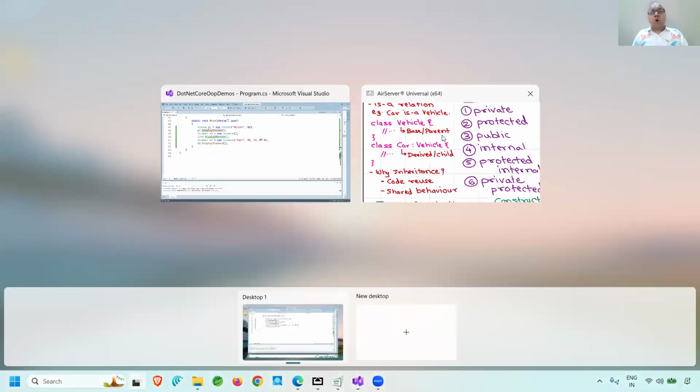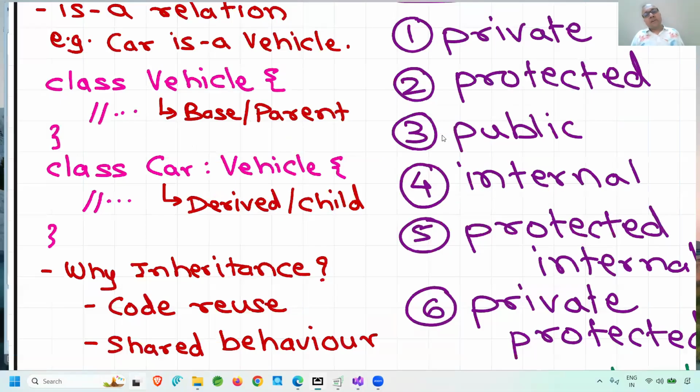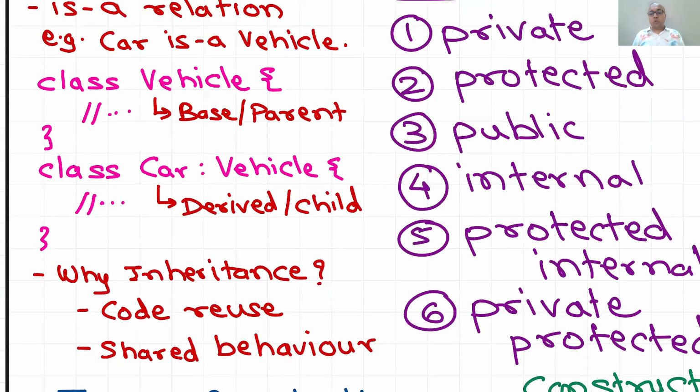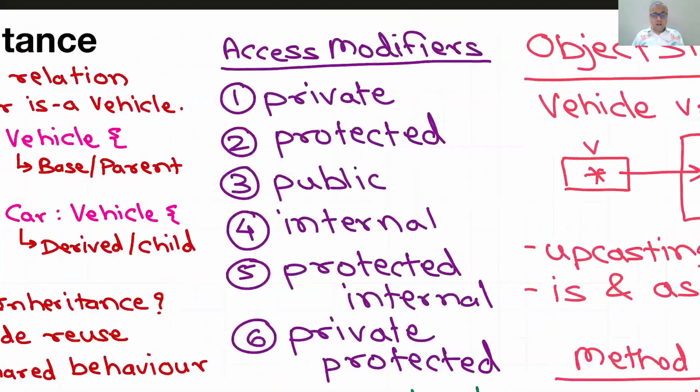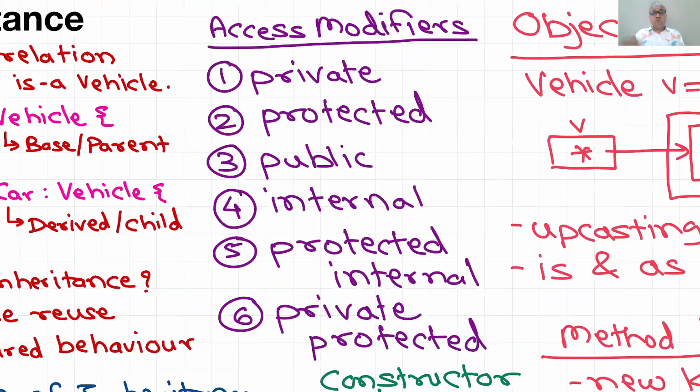Now, what different access modifiers are available? You can take a look at the access modifiers quickly. So C# allows you these 6 different types of access modifiers for the class members. When I say class members, it could be fields, it could be methods, it could be properties, and so on.